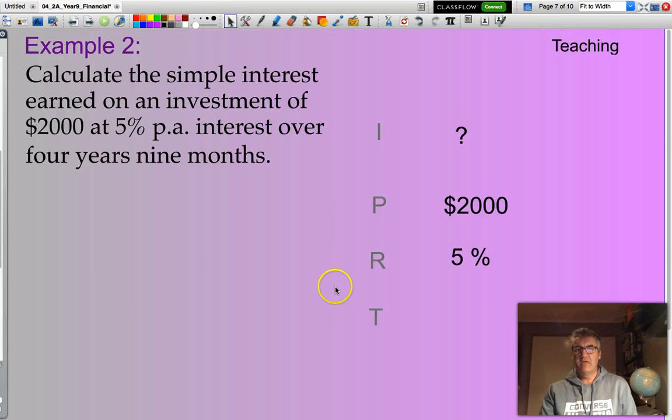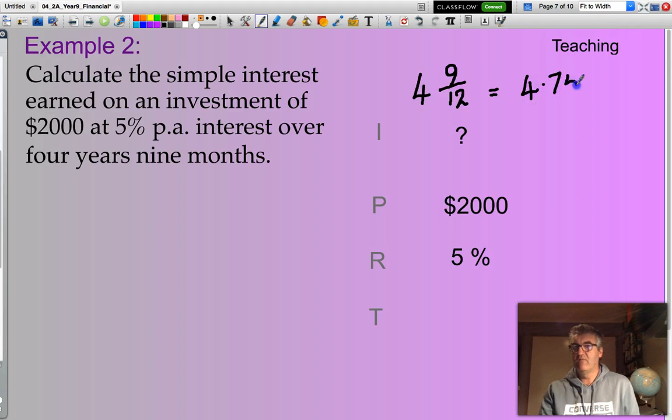How do I work out the 9 months? Well, 9 months is effectively 9/12 of a year. Together with the 4 years, that equals 4.75.